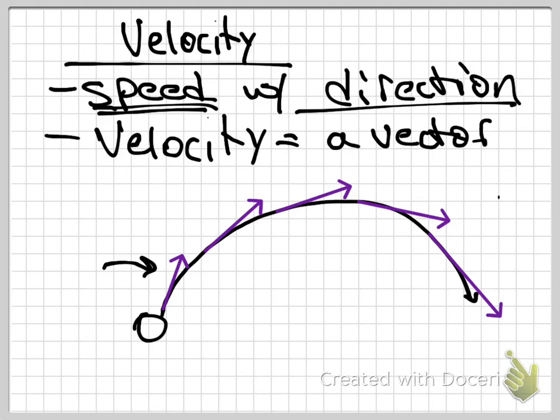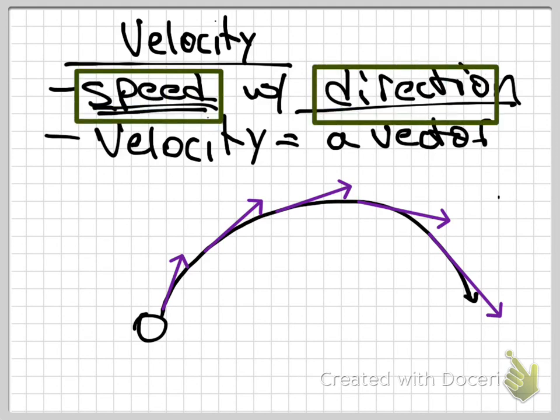Okay, again, speed and direction is crucial for velocity here. To have velocity, you need a speed and also direction. So speed is your magnitude, right? So that's going to be the number portion. To get the speed, you need both the horizontal velocity and the vertical velocity.